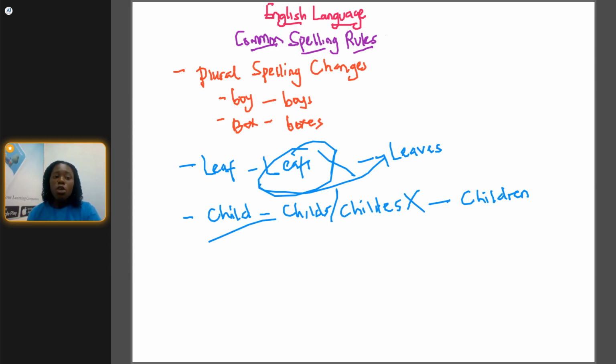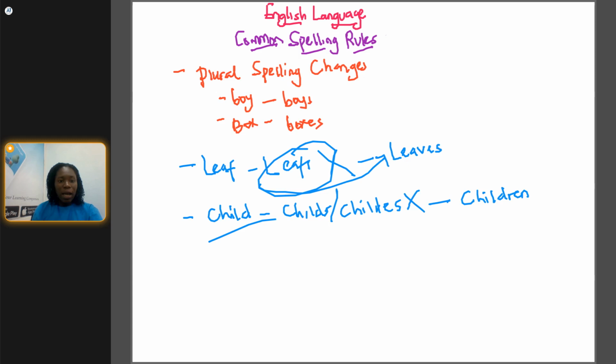So you need to put your mind on the fact that there are some words that, when you need to pluralize them, you're not adding s or es to them as the normal thing we're used to, but these words change their form and their spelling when they need to be pluralized. That's what we mean by plural spelling changes.